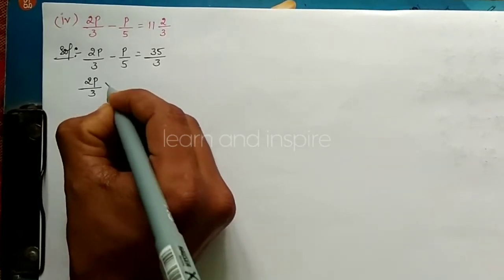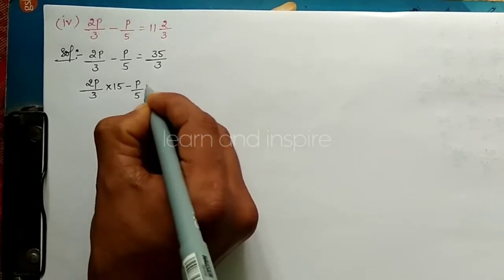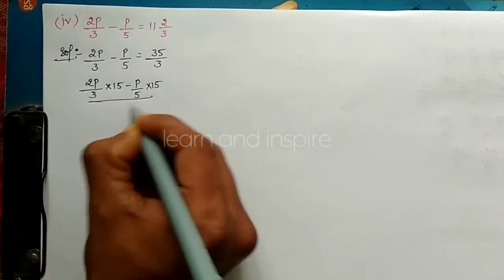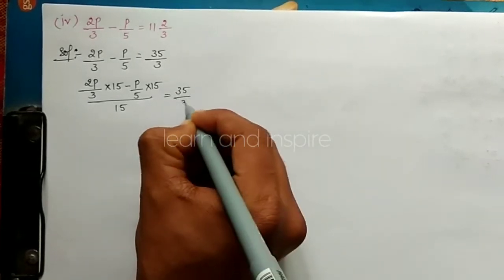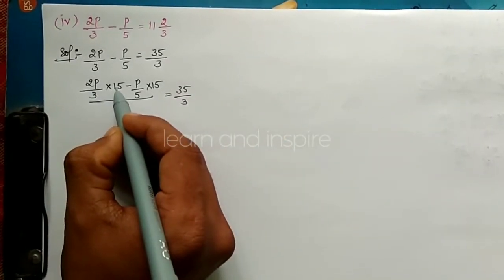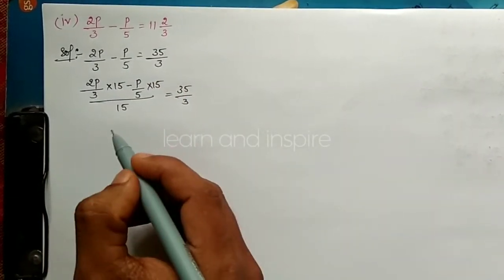2p by 3 into 15 minus p by 5 into 15, divided by 15, which is equal to 35 by 3. So here we are multiplying the LCM with each term and dividing by 15.